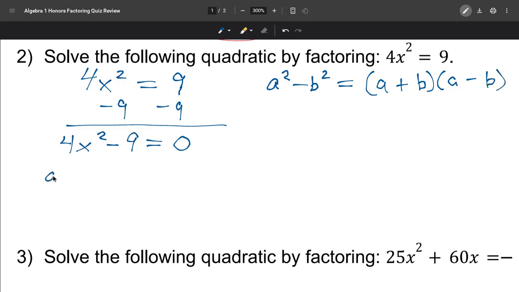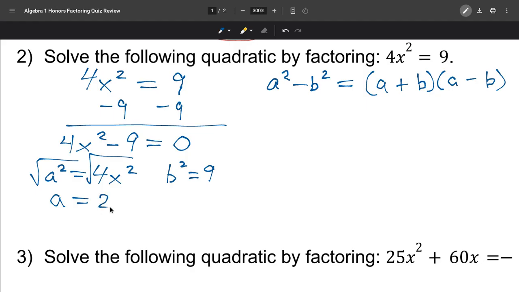So if I say a squared equals 4x squared and b squared equals 9, then in this case, let's take the square root of both sides here. So a would equal 2x, and if I take the square root of both sides here, b is going to equal 3.